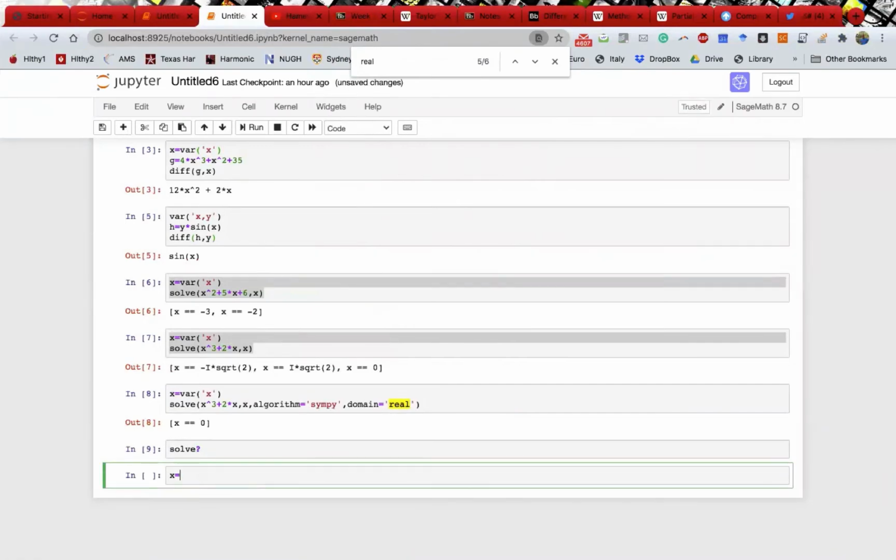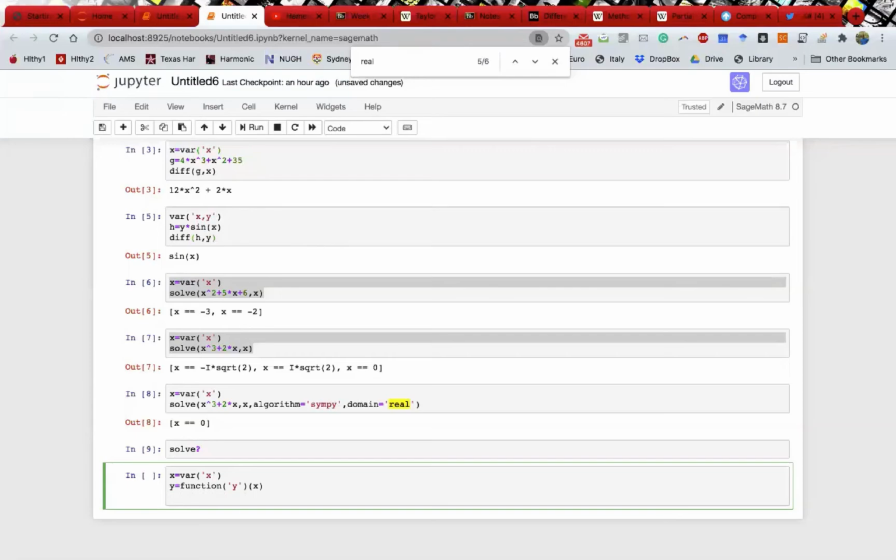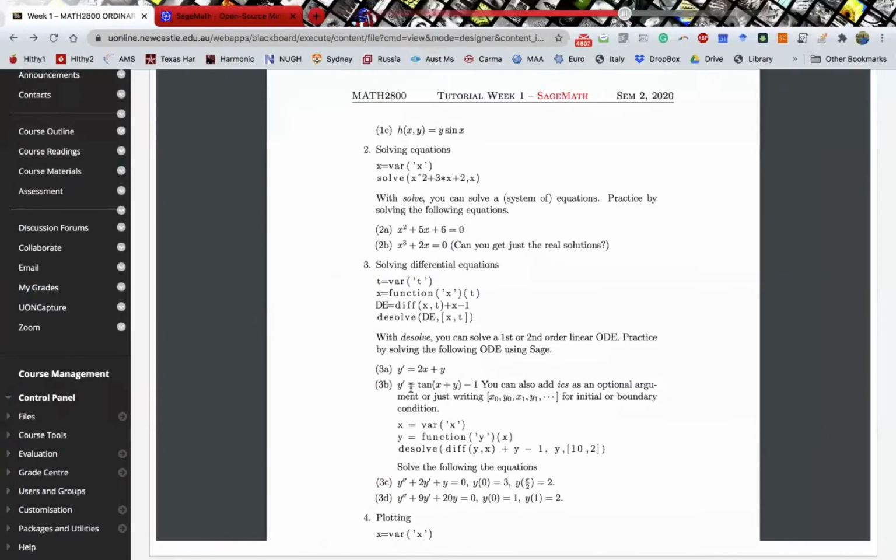I would like to assign x, and y equal, let's write, I call this like handle function, maybe like Math2800 y, and y is in terms of x, and the differential equation is in terms of y and x. So it was y prime equal to 2x plus y.